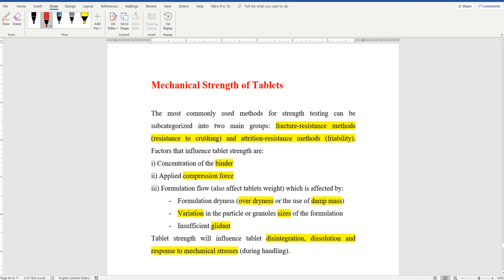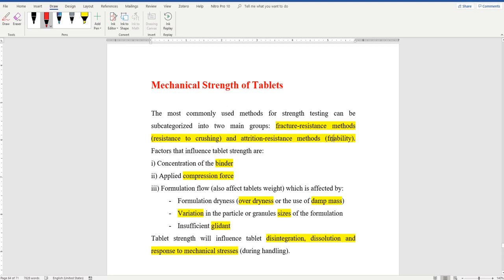Yani resistance to crushing is known as hardness test, but as I told you, it's not scientific to call it hardness. We will call it resistance to crushing. The other category of tests or methods is referred to attrition resistance methods. And the test that we will talk about is referred to as friability test.